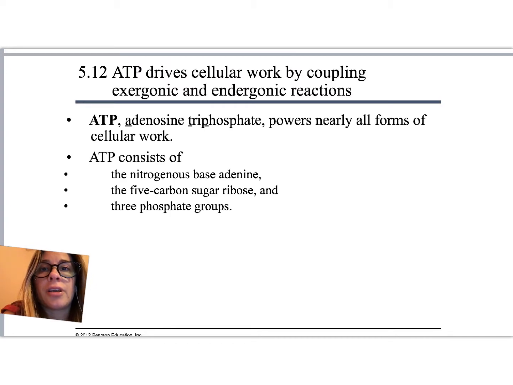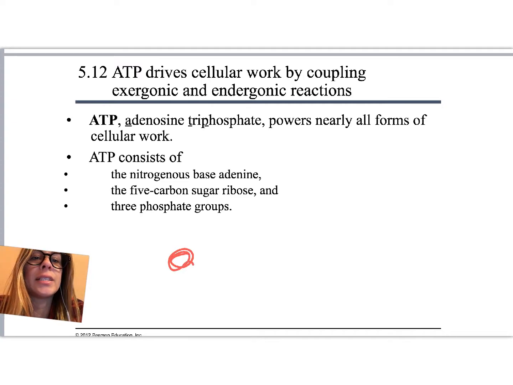So endergonic and exergonic reactions in the cell are carried out regularly, but there's a really important molecule that is literally a segue between so many of them, right? And that one molecule that's always participating in endergonic and exergonic reactions, transferring energy all over the cell, is known as adenosine triphosphate. So adenosine triphosphate is kind of small, actually.